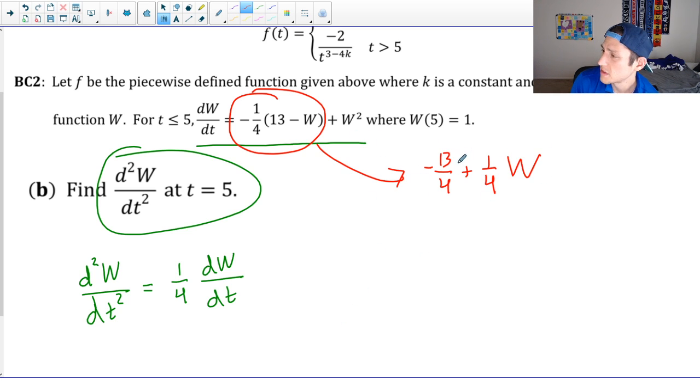So when I take the derivative of this, the -13/4 is gone. That equals 0. The derivative of 1/4 w is 1/4, but this is implicit differentiation, so we need to do the chain rule. So the derivative of w is dw dt. Plus w squared, so that derivative would be 2w, but again, chain rule, so dw dt.